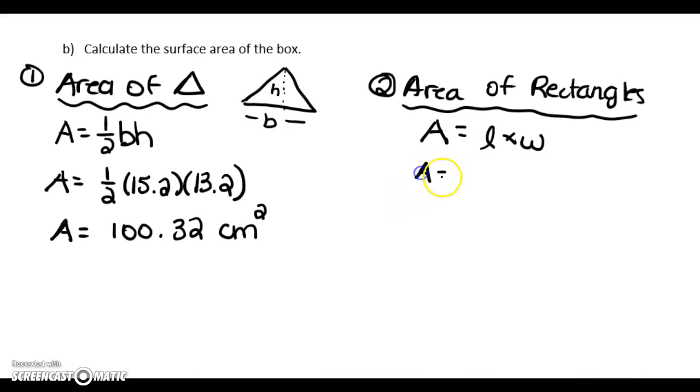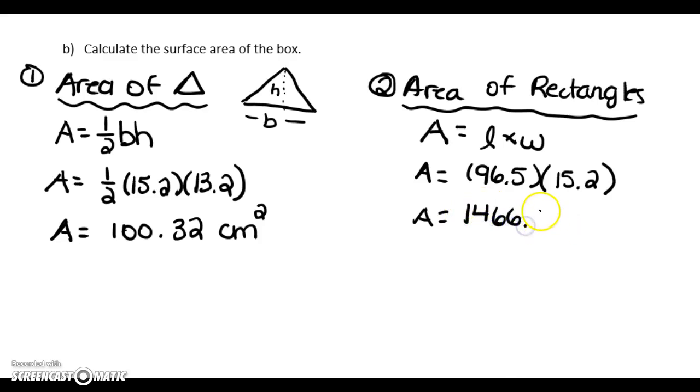So our area is equal to your length, which was 96.5, times your width, which was 15.2. If you plug that into your calculators, you should find that the area of that rectangle is 1,466.8 centimeters squared.